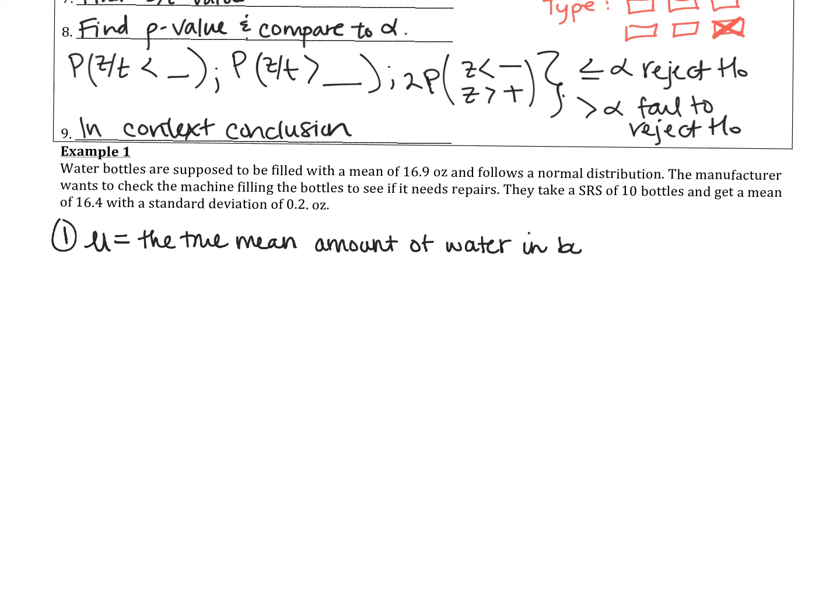Amount of water in bottles in ounces. That'll work. And then I'm going to set up my null and my alternate hypotheses. Just get them ready. And then after that, I'm going to go digging through the problem to look at all the provided information to see what's helpful or not.